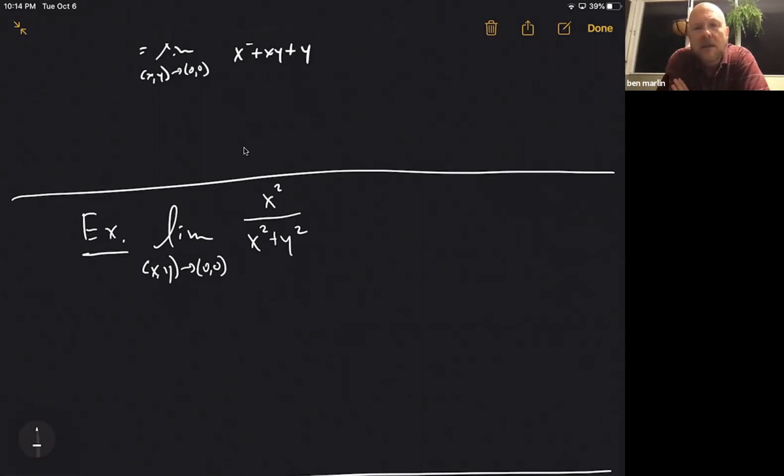But the thing you really need to spot here is that all the powers seem to be the same. On the top, you get an x squared. On the bottom, you get an x squared plus y squared. I think you've got an example in your homework that has an x times y over x squared plus y squared. So this is going to behave a little bit similarly to that.